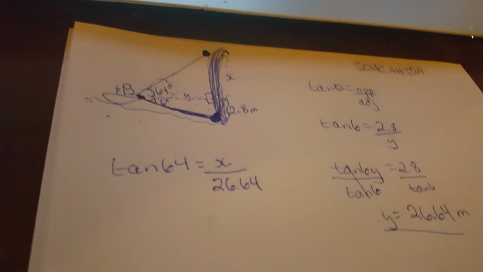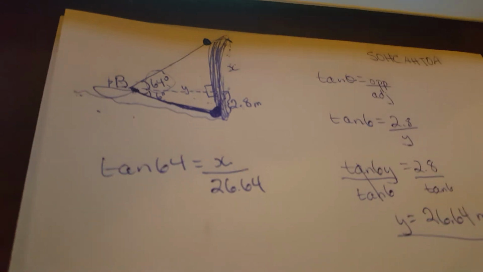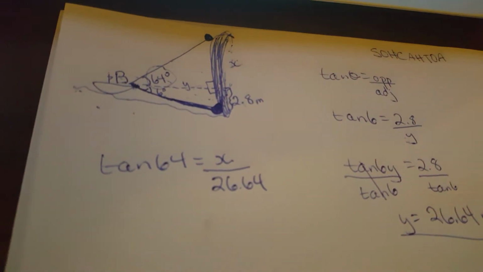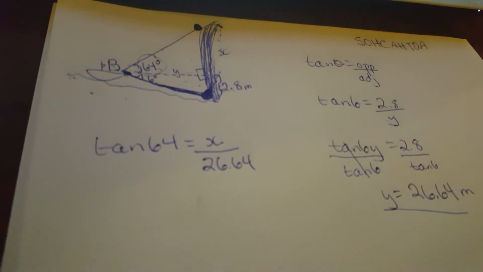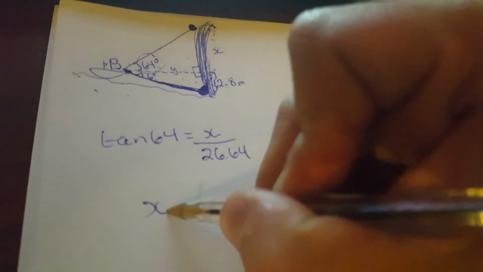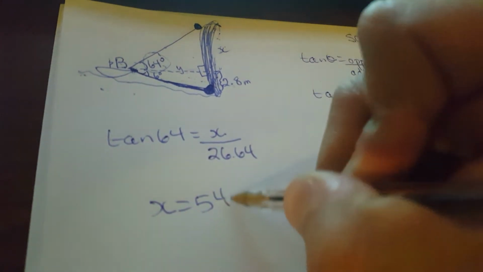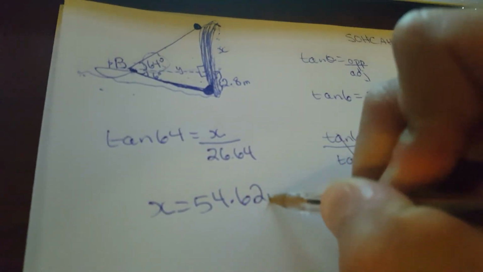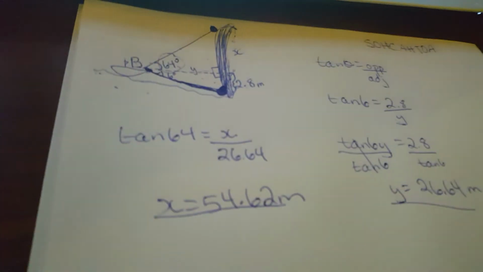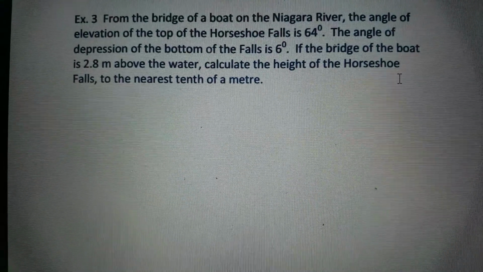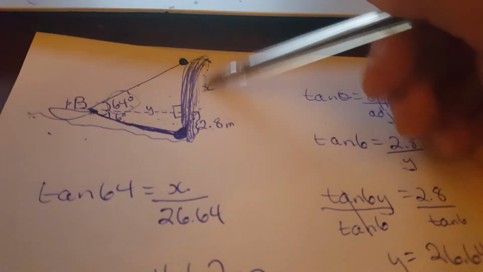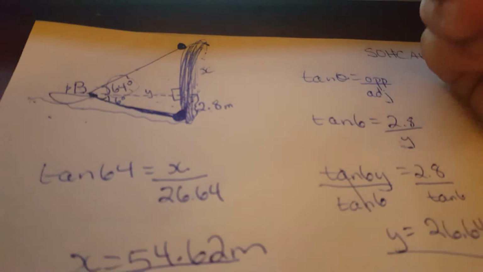Cross multiply. So the tan of 64 multiplied by 26.64 gives me x is equal to 54.62 meters. So that's my x value. They want to know, calculate the height of the Horseshoe Falls to the nearest tenth of a meter. So I know what x is now. I know that I had an additional 2.8 meters.